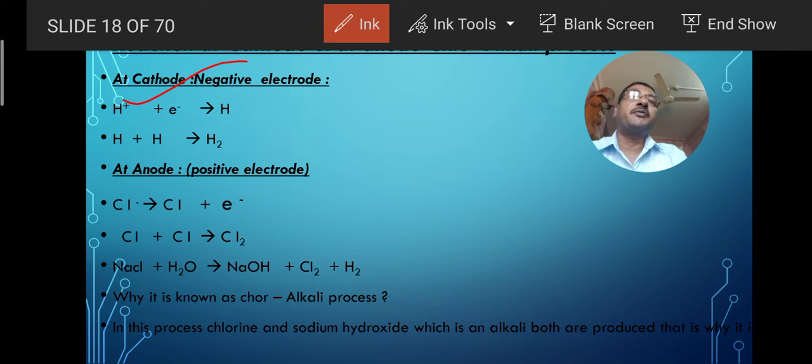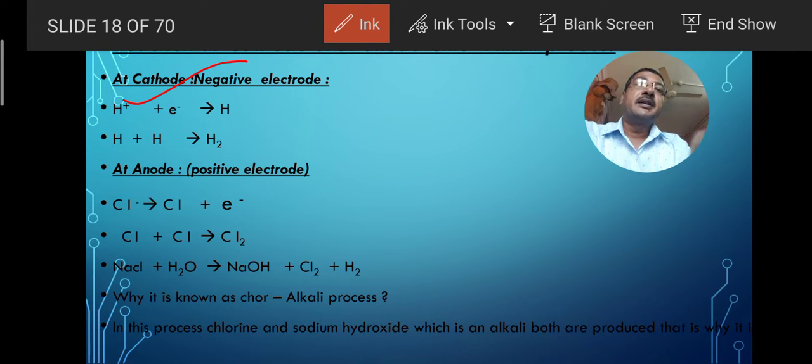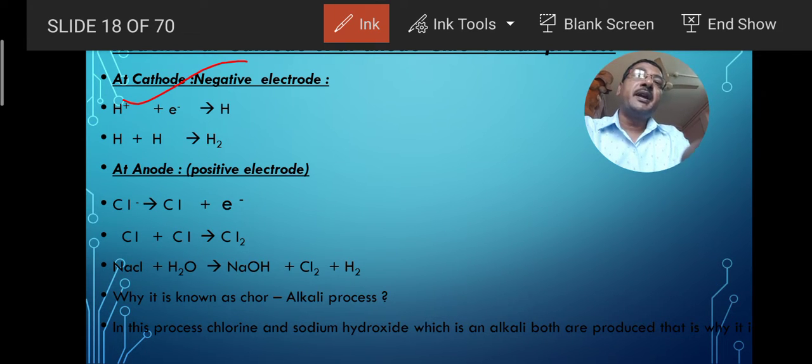At the cathode, the hydrogen ion which was produced during the breakdown of the raw material will receive an electron from the cathode and produce a neutral hydrogen atom, and this hydrogen atom will combine with another hydrogen atom to produce hydrogen gas. This is the reaction which takes place at the cathode.